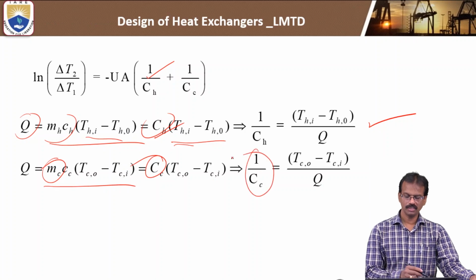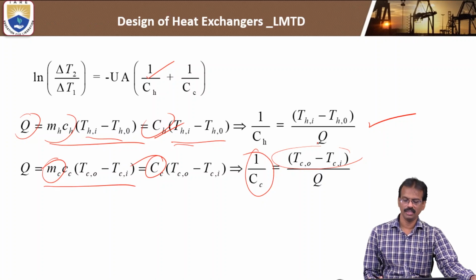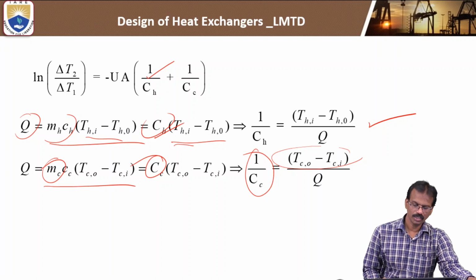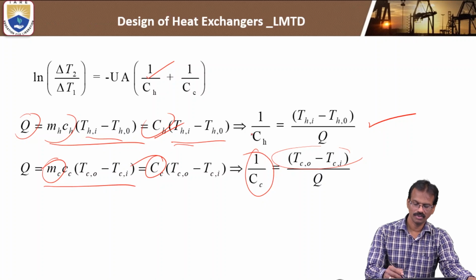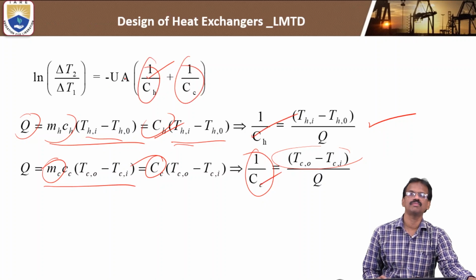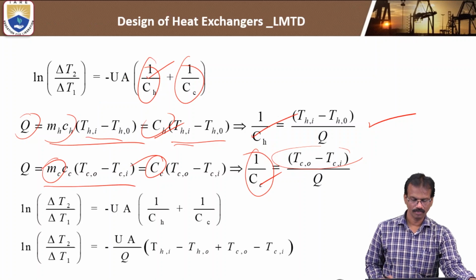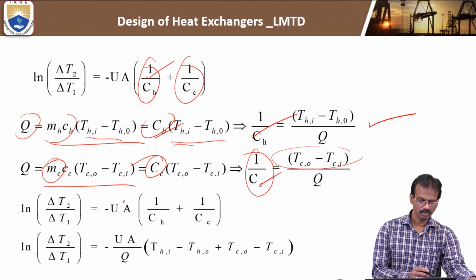So 1 by CC is equal to TCo minus TCi, the temperature difference of the cold fluid, by Q, the rate of heat transfer. Then you can substitute these values in this equation. You know the 1 by CH value and 1 by CC value also. If you substitute these values here, then you will get this formula.